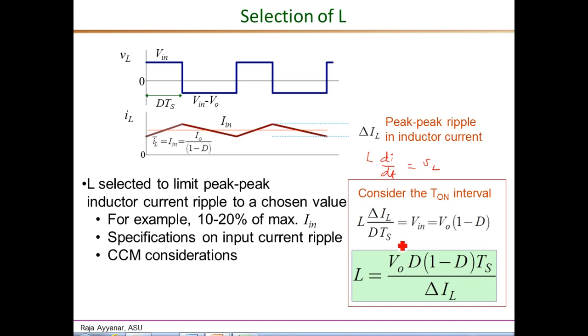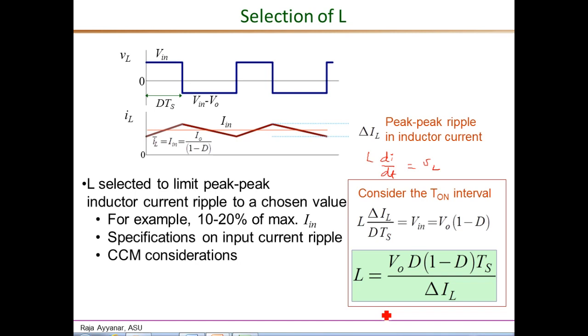Now, since we are considering constant output voltage applications, it is probably a better idea to express the required L value in terms of this constant output VO. So Vin in a boost converter is equal to VO times 1 minus D, and that gives us the required value of L to be VO times 1 minus D times D Ts over delta IL.